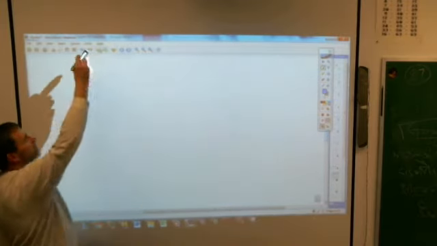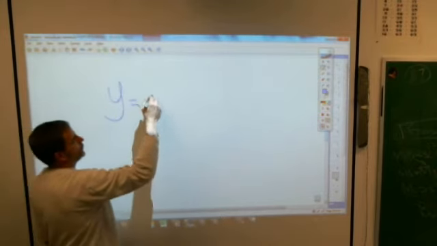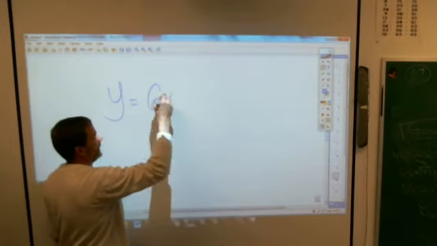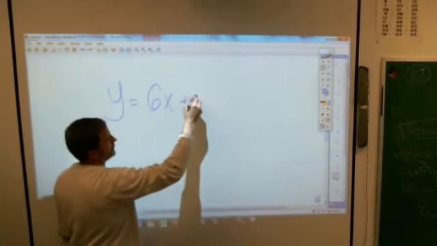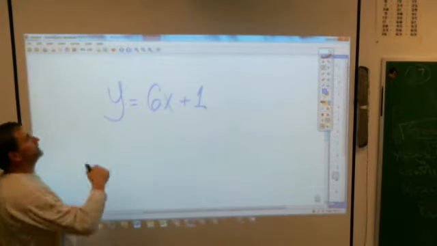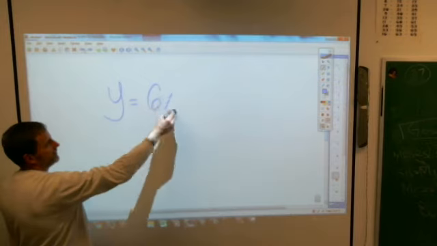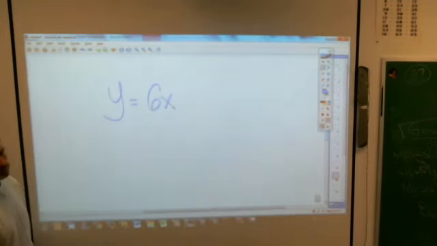One more, let's do one more. y equals 6x plus 1. Well, let's skip that. Hold on. What if I just said y equals 6x? Would that confuse you? It shouldn't. That's not in the form yet, but what could you do there, Wade?